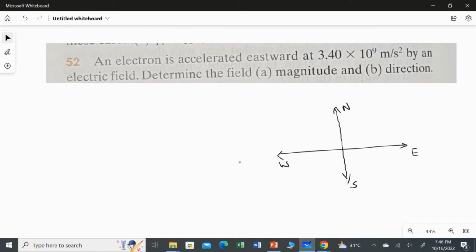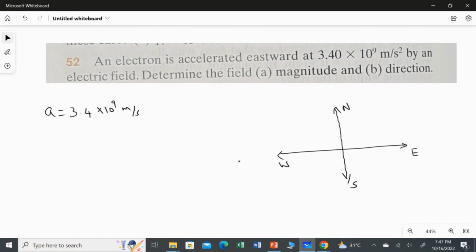Here you take an electron and place it, and the electron is traveling with an acceleration. What's the acceleration of the electron? The acceleration of the electron is 3.4 multiplied by 10 to the power of 9 meter per second square.